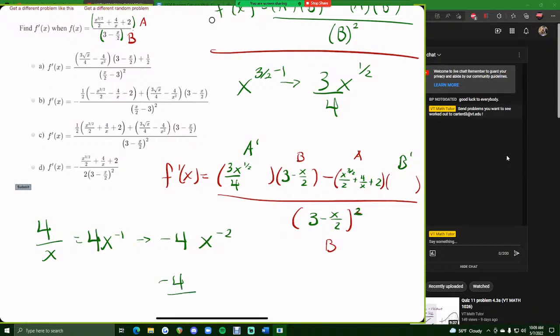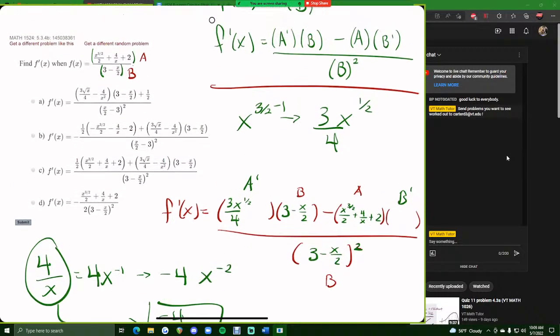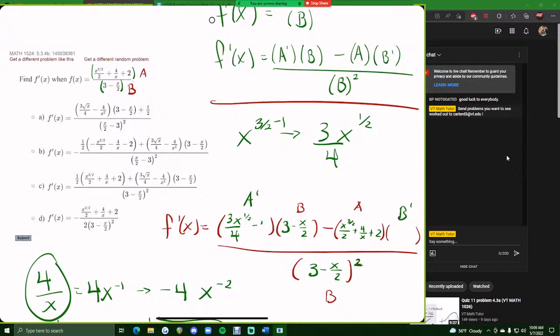And then we could rewrite that as negative 4 over x squared. So the derivative of 4 over x is negative 4 over x squared. And that's it for a, because the derivative of plus 2 goes to 0.